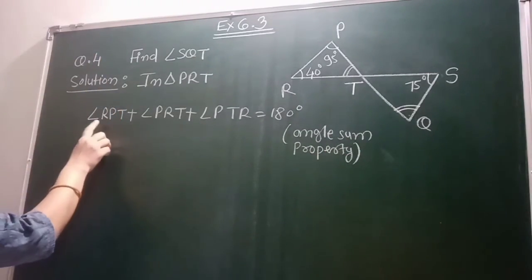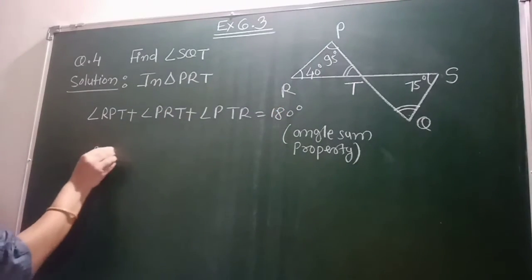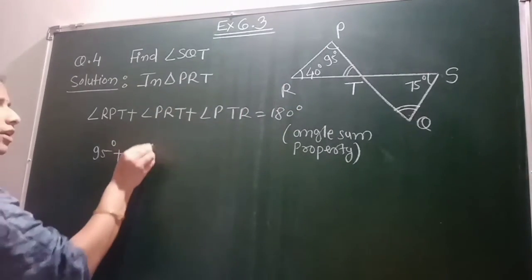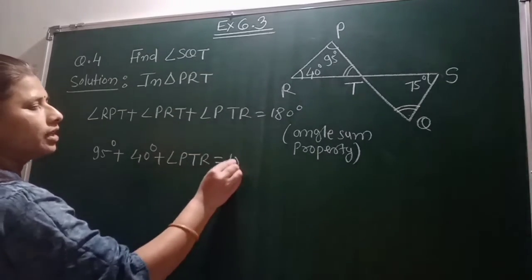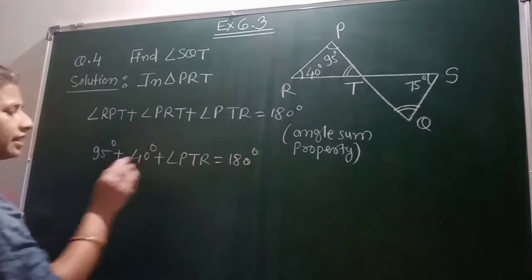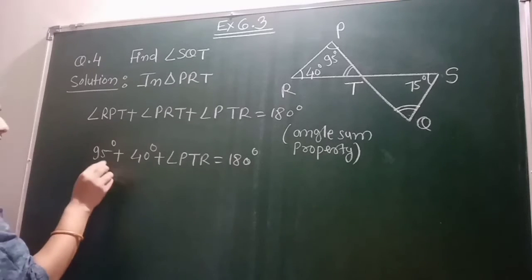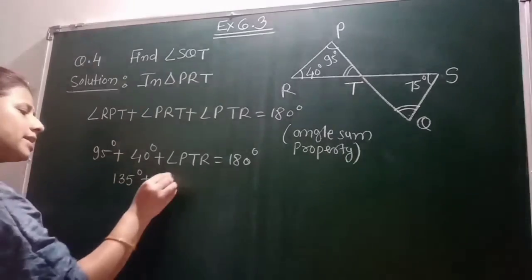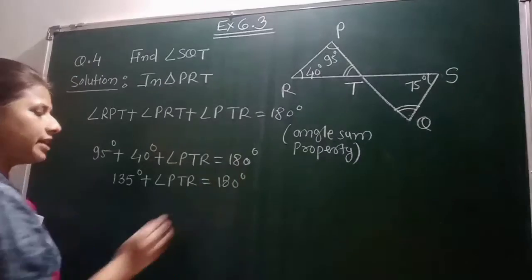Angle RPT is given as 95 degrees, plus angle PRT, given as 40 degrees, plus angle PTR equals 180 degrees. Adding 95 plus 40 gives 135 degrees, plus angle PTR equals 180 degrees.